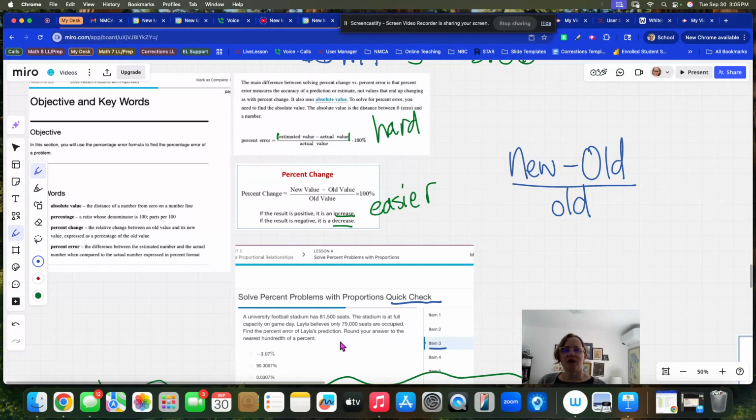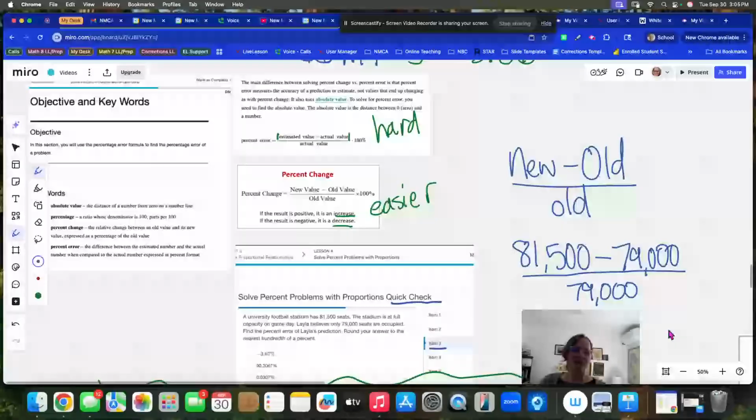Okay, so the new number is the 81,500 in Layla's prediction. That's her new number because she thought it was 79,000. So originally she thought it was 79,000. Now she knows it's 81,500. That makes the 81,500 the new amount.